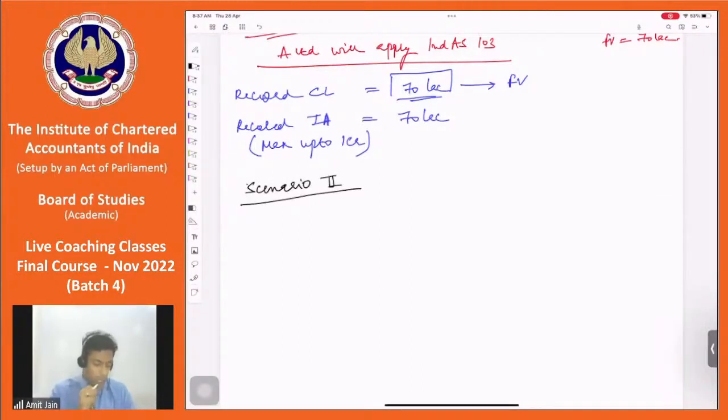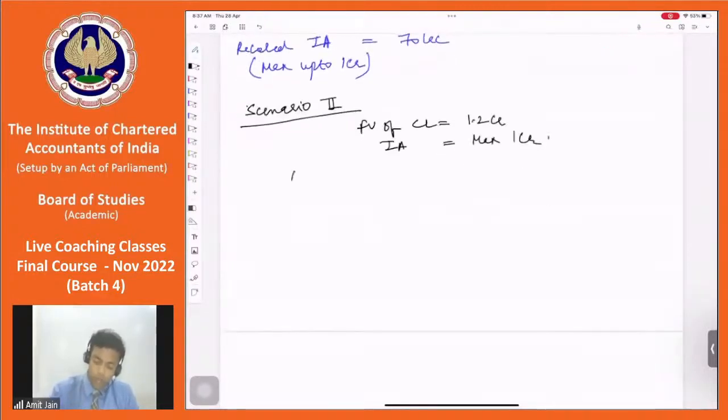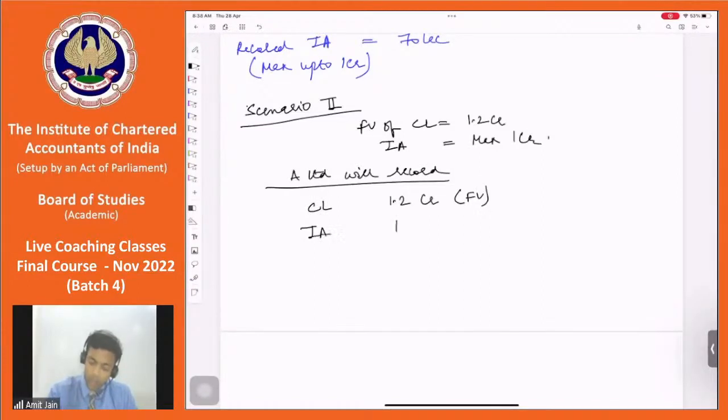Read the second scenario, how ABC Limited should account for the contingent liability. What if the fair value of the liability is 1.2 crores? Fair value of contingent liability is 1.2 crores and the indemnification asset is maximum 1 crore. So ABC Limited will record contingent liability of 1.2 crores at fair value and indemnification asset of maximum 1 crore rupees. Right? So this will be the negative number, this will be the positive number.